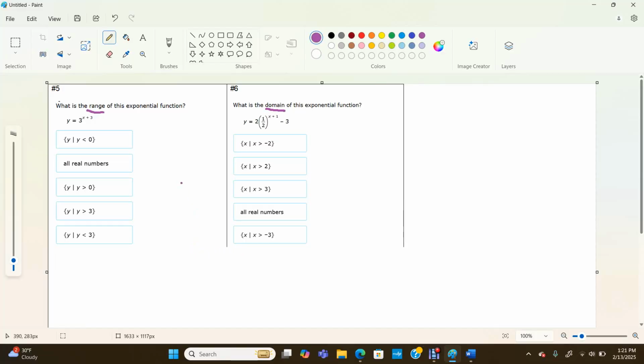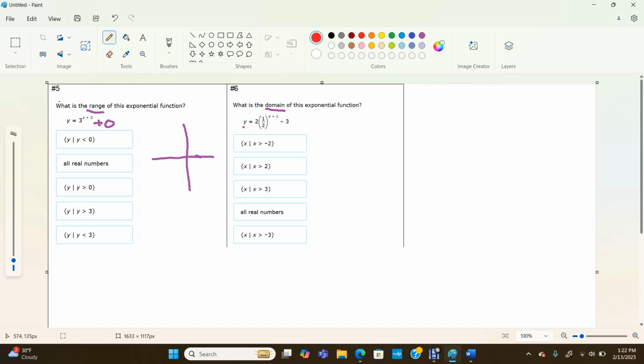In this next example, they're asking you for the range. Now, don't be fooled because you see this right there. We're looking for the number that's not added to the exponent, but that is added off to the side here. And we can assume that it's a 0. So that means that there's going to be an asymptote at 0.